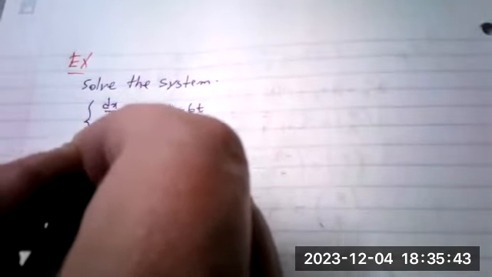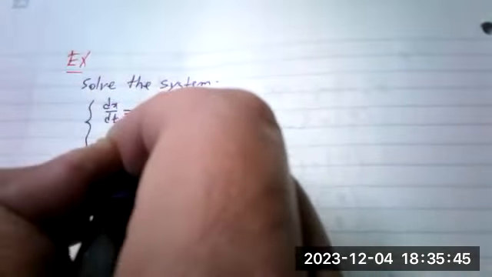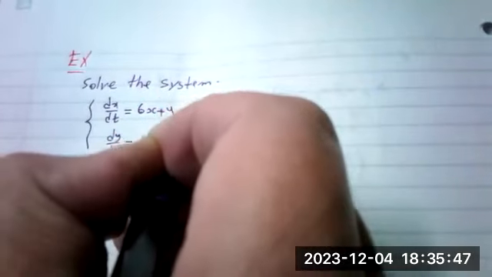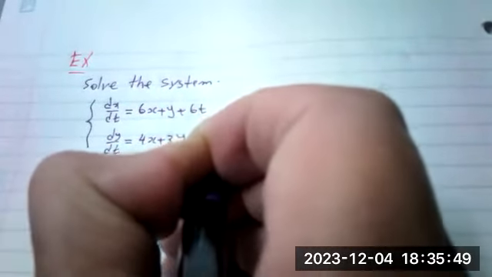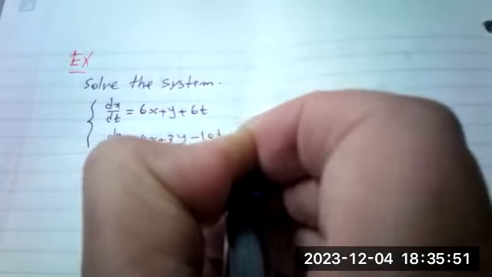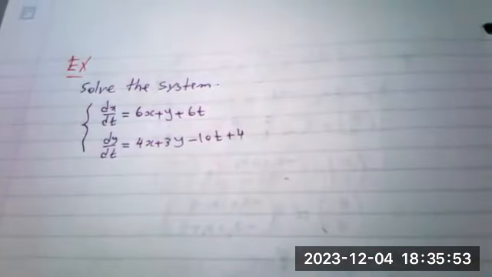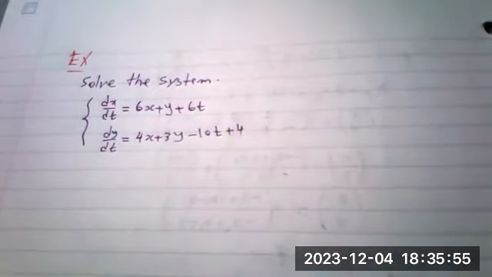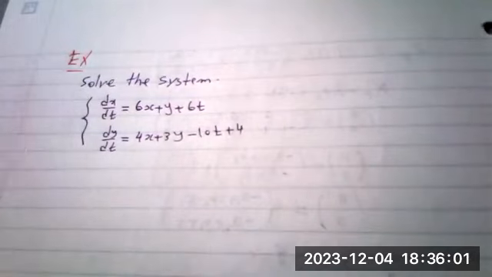And the second part, we have dy/dt, which is 4x plus 3y minus 10t plus 4. So as you can see, the extra part is a combination of linear functions. The first is 6t, and the second is negative 10t plus 4.